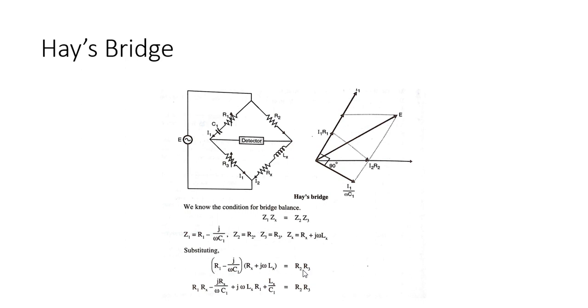If you do the mathematics here, you will get the equation R1 Rx minus J Rx divided by omega C1, plus J omega Lx R1, plus Lx divided by C1, is equal to R2 into R3. I think you are aware of this mathematics using J, the complex part. This is very simple, just see carefully how it is solved.